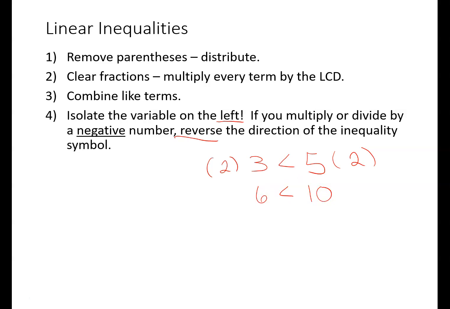But let's say we had multiplied both sides by negative 2. Then it would say negative 6 is less than negative 10. And that is not true. For it to be true, we would have to reverse the direction of that inequality symbol.